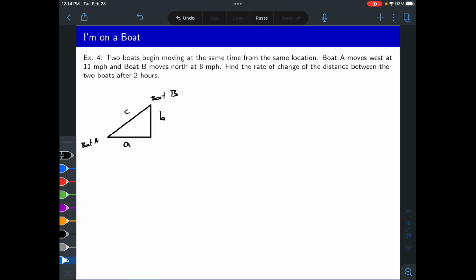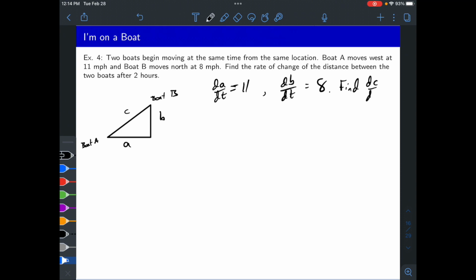All right. So we are told that dA/dt is equal to 11, because this distance is growing at a rate of 11 miles per hour. Similarly, dB/dt is going to be equal to 8, increasing at a rate of 8 miles per hour. And we're asked to find dC/dt.